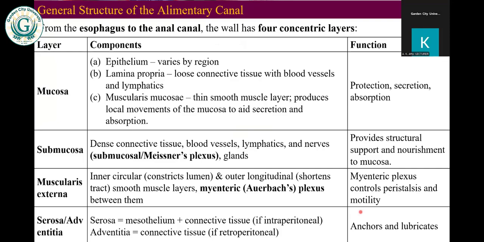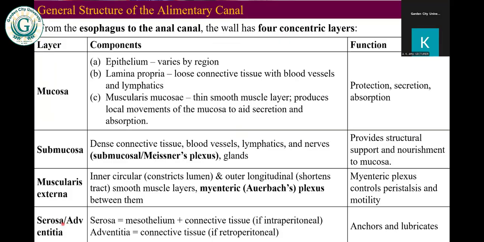Now, we said that from the esophagus to the anal canal, the wall of the GI tract is arranged in concentric rings. Four concentric rings: the mucosa, submucosa, the muscularis externa, and the serosa. Once we look at the specific parts, we'll be looking at the regional differences between these four concentric rings.